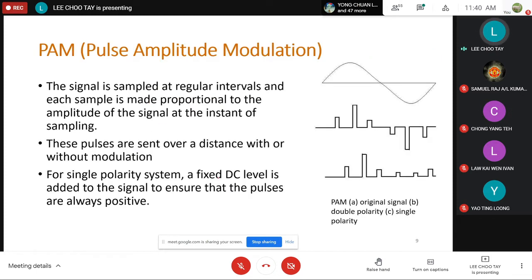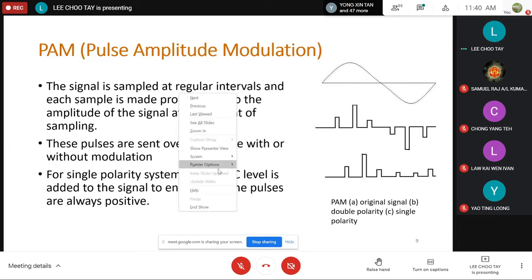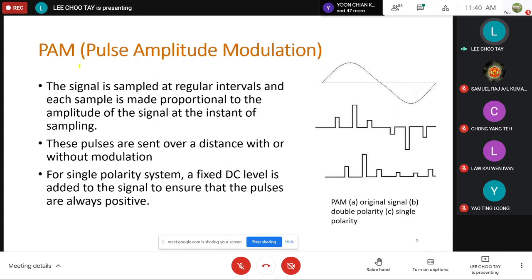So let's move on to the topic of pulse amplitude modulation. In pulse amplitude modulation, we sample the signal at regular intervals, and each sample is made proportional to the amplitude of the signal at the instant of sampling. This is our original, or modulating, signal, the message that we want to sample.